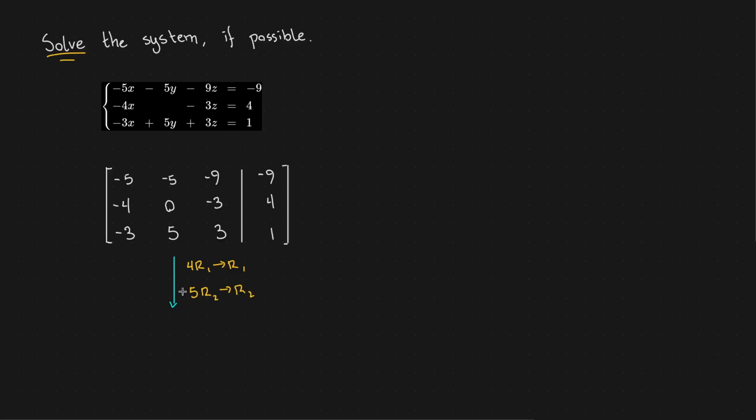In fact, let's multiply by -5. The goal here is to get these to be the same number but opposite sign, so that when I add them together, I get 0.